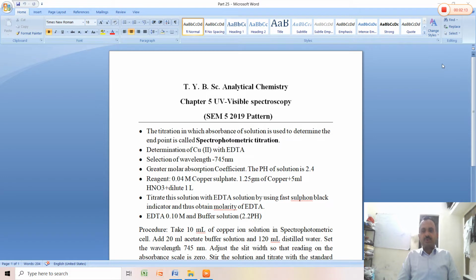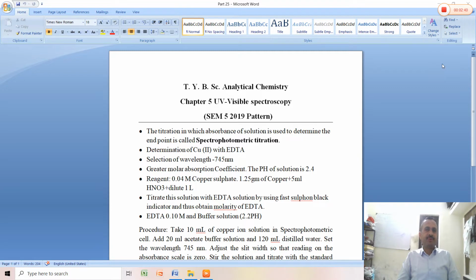Before that, we must know that copper can be determined colorimetrically also. But when we determine copper colorimetrically, there is no use of EDTA. In the procedure of colorimetric determination of copper, we use different standard solutions of copper.